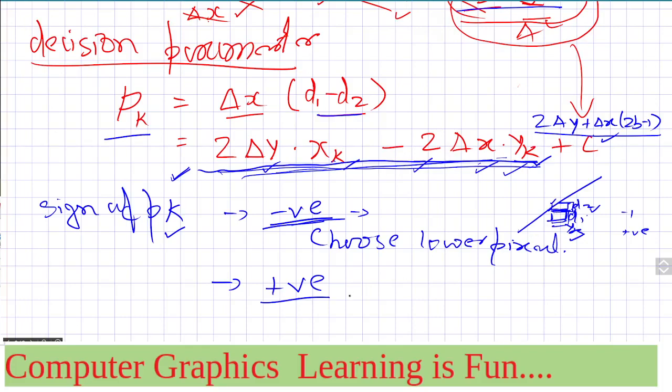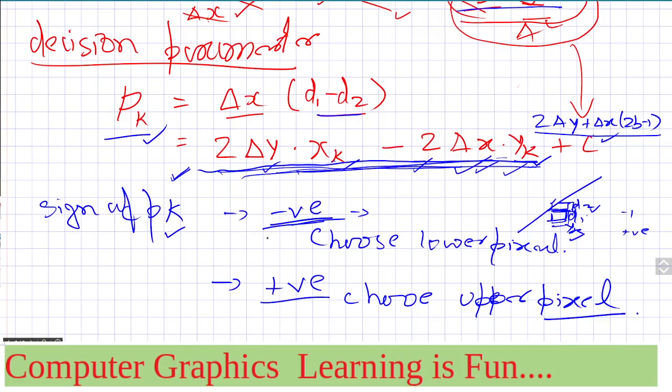Then in that case you have to increase y and choose the upper pixel. In this way, you just have to calculate pk, and depending on this you will be able to find the next value for your y.